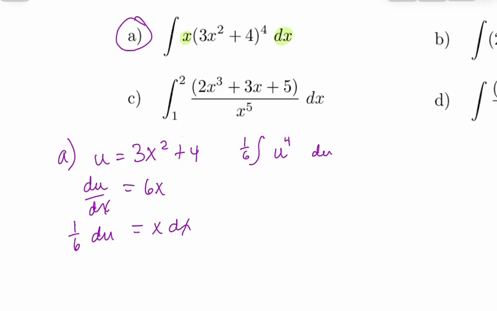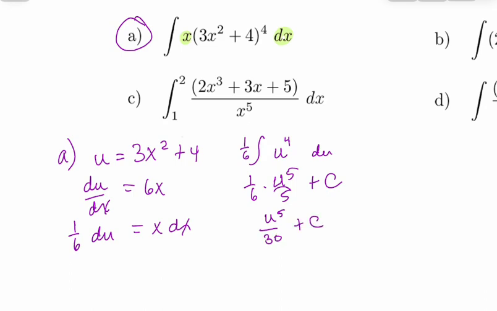Now we use substitution to find the antiderivative of a more difficult problem in a simpler way. So if we take the antiderivative of that, we get 1/6 u to the fifth over 5 plus c. Now I would write that as u to the fifth over 30.